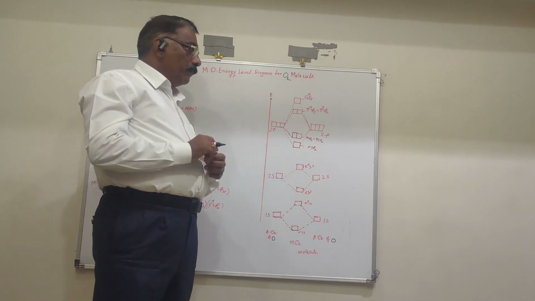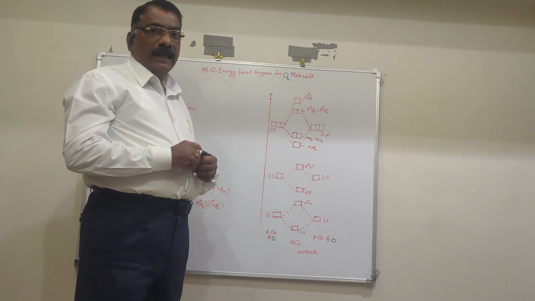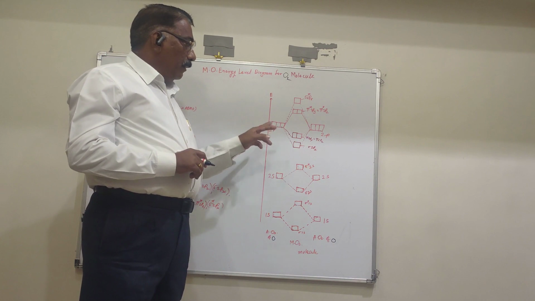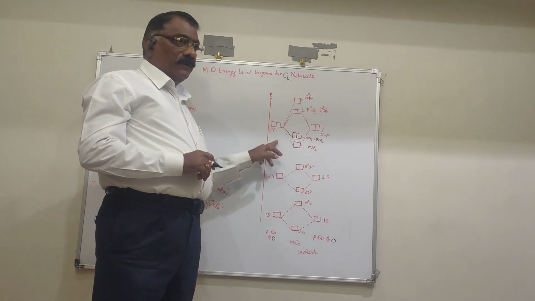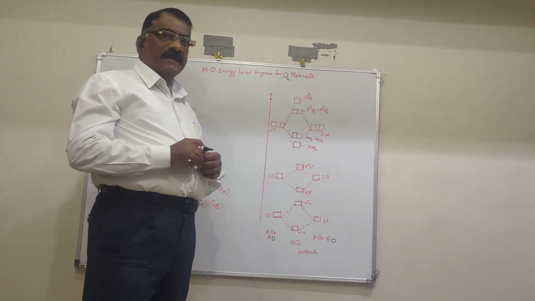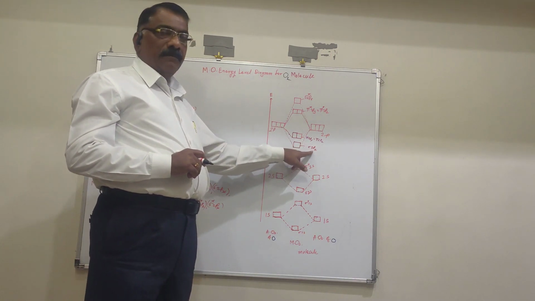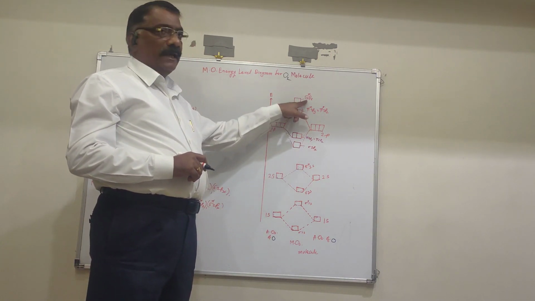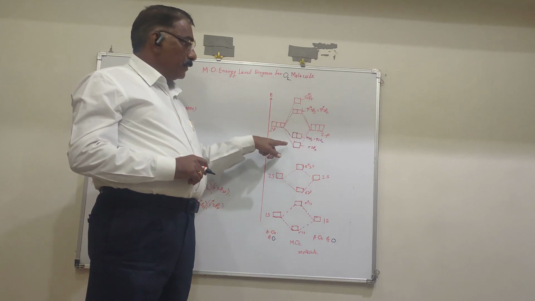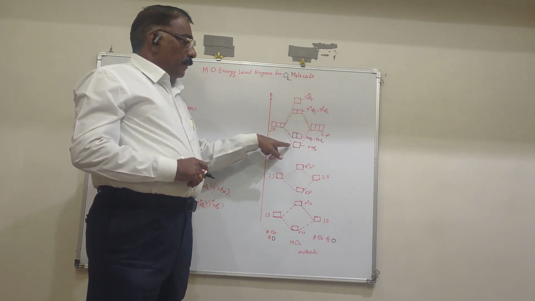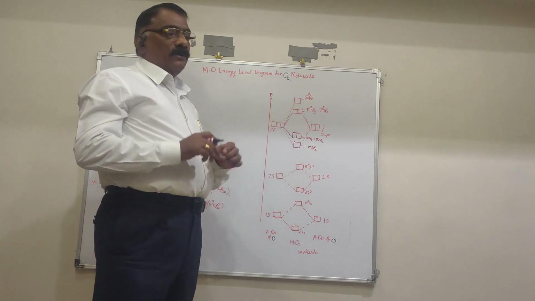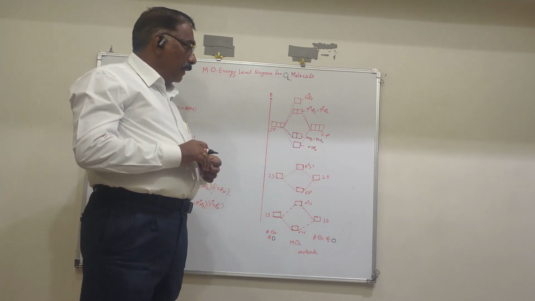Then the 2p orbitals of both oxygen atoms combine. Here the 2px orbital of the first oxygen and the 2px orbital of the second oxygen get combined and give the sigma 2px BMO and sigma star 2px ABMO. Sigma 2px has lower energy, sigma star 2px has higher energy than the atomic orbitals.